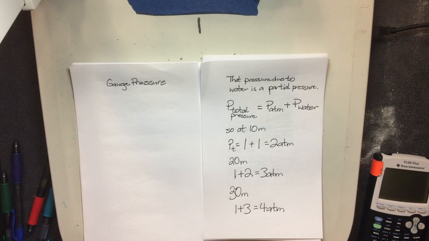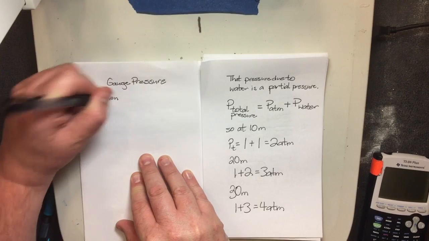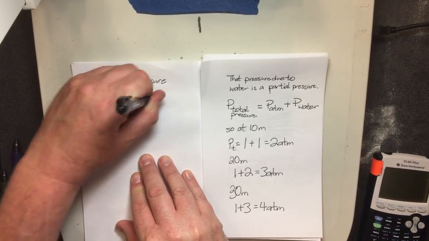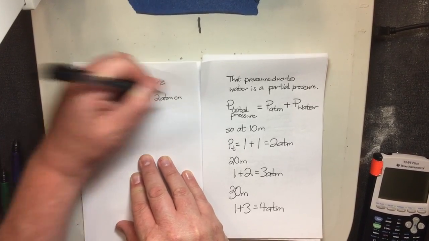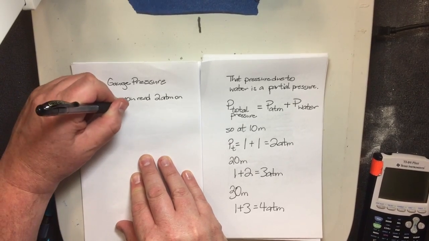Well, most everyone has a car. Most everyone checks the air pressure on their tires. Let's say you read 2 atmospheres on your tire gauge.